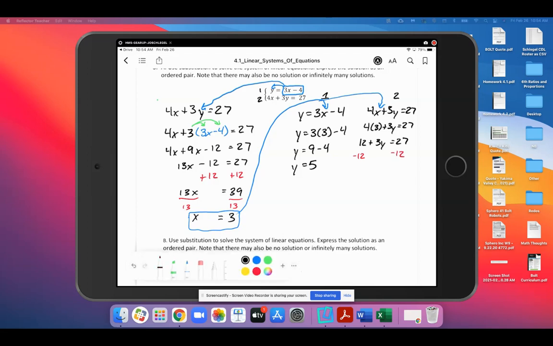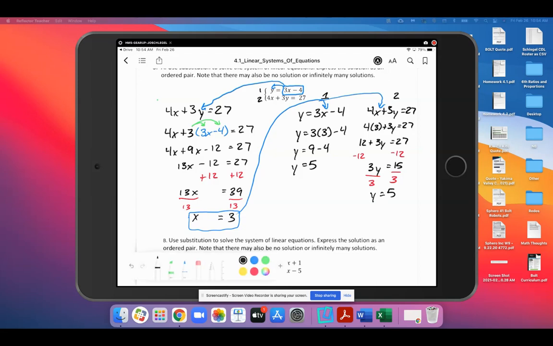I would get 3y equals 15. I would need to divide by 3. And I would get y equals 5. And so you can see in both cases, it didn't matter which equation I chose to put x equals 3 into, I still ended up with y equals 5.